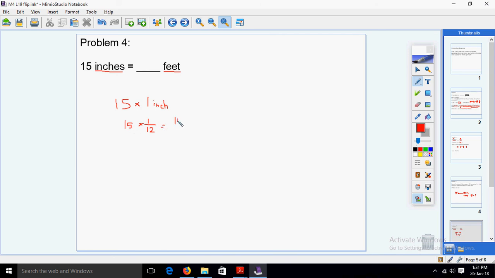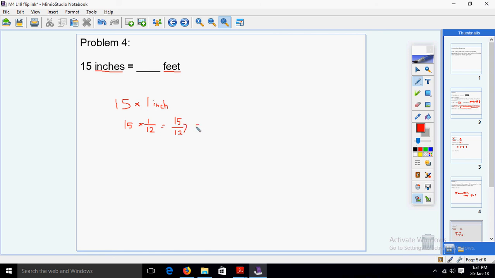Over 12. Now, hopefully by now you've noticed this one is a little bit different, but we can figure it out. We need to simplify, but it's a little different because we're actually going to make a mixed number, because 12 can go into 15 one time.